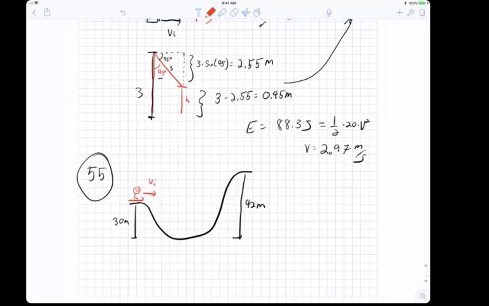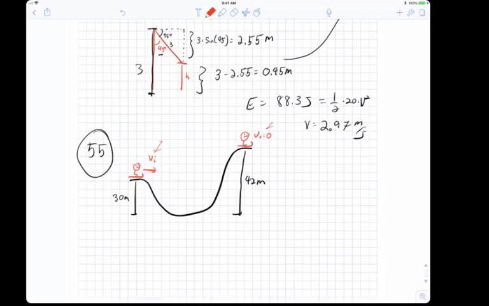This is all about energy. Again, to just make it over, your final velocity there has to be 0. That's what we mean by just over, because if this is any bigger than the number we're going to calculate, then you're going to make it over with some extra speed.